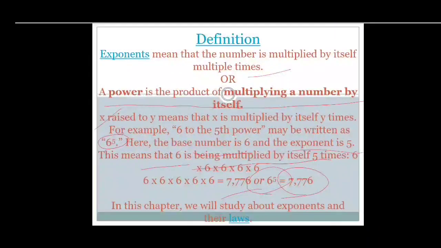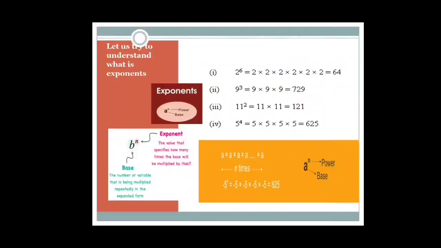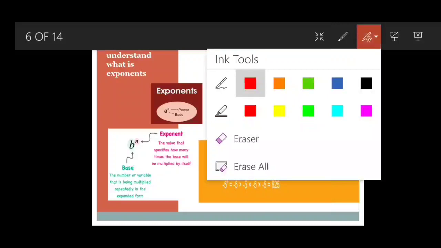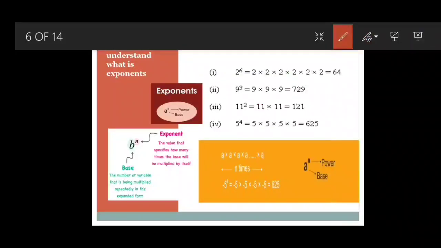So just have a look. Again, we are going to understand what exponents are. For the exponent a to the power n, a is the base and n is the power. It is not the case that it is only written in the form of a to the power n.